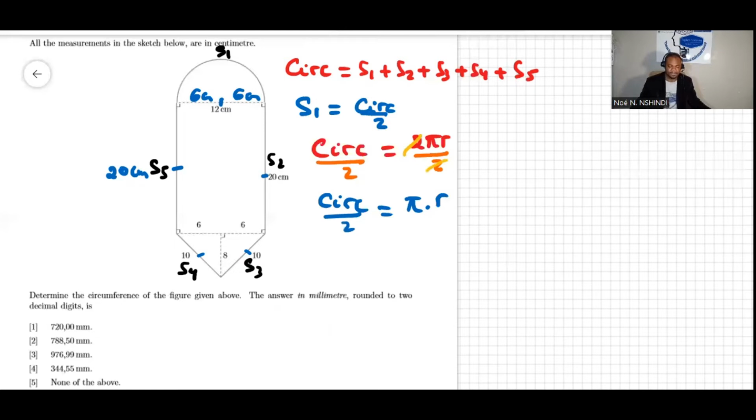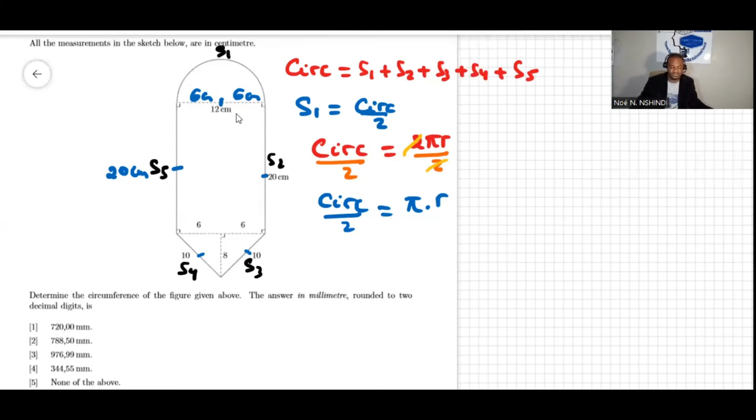Now, pi is a constant number, like 2, like negative a half, like 3. And then r here, we can see r is the radius of the semicircle. So from the center to the circumference, it's 6 centimeters.